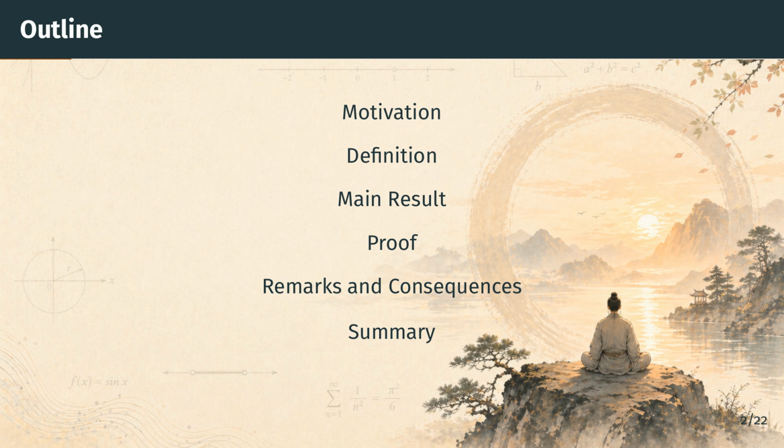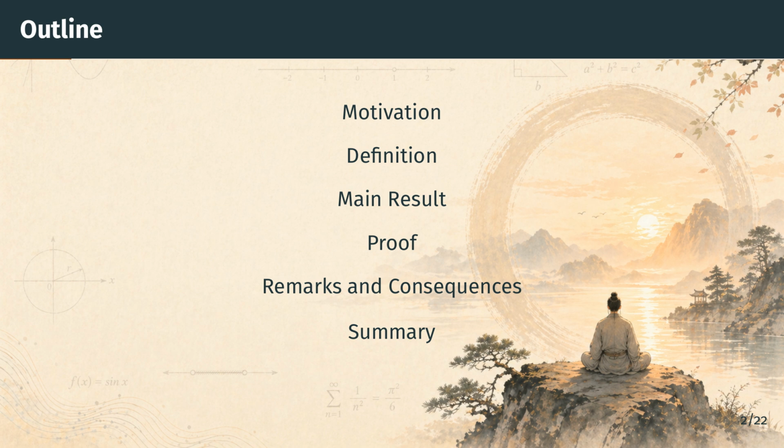Here is the plan. We start with motivation, recalling the difference between a series and the series of its absolute values, and asking why that distinction matters. Then we give the definition of absolute convergence. Next, we state and prove Theorem 3.45, the result that absolute convergence implies convergence.